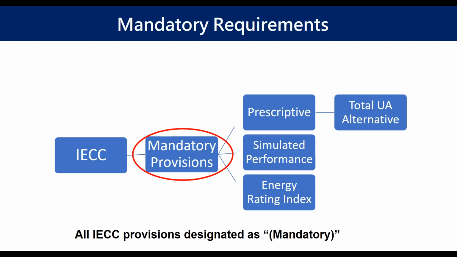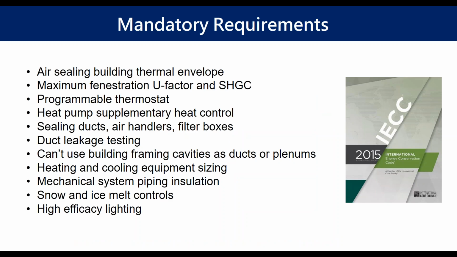Back to our compliance paths chart. Mandatory provisions are required for every compliance path, not just the ERI. There are mandatory provisions for prescriptive and simulated performance as well, and that's no different here. Some of the mandatory requirements that get addressed include air sealing, maximum fenestration U-factor and SHGC, and a programmable thermostat requirement.